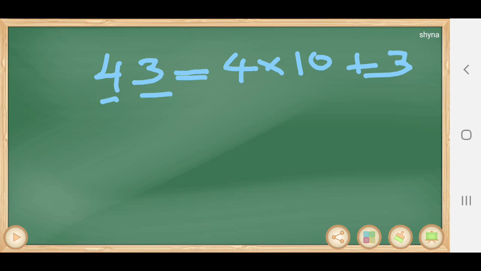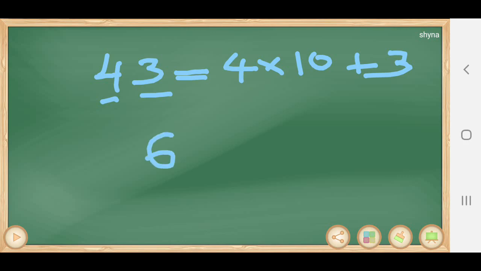Then in the question it is given that among the two digits, one digit is 3 more than the other, or the digits differ by 3. Differ by 3 means the difference of the two digits is 3.